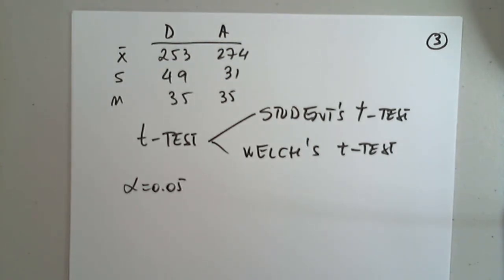Okay, so I will choose 4. I don't have the data, I do have the statistics. x1 bar is the departure, 253, the standard deviation is 49, and sample size 35. They are both 35.